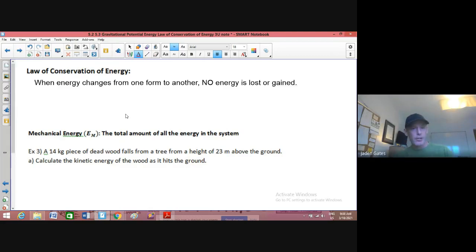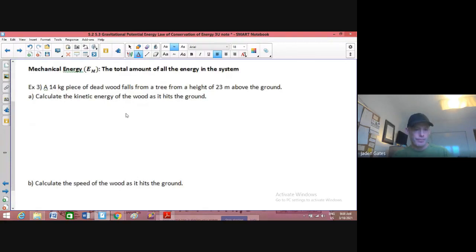All right. So for example, example 3 here: a 14 kilogram piece of dead wood falls from a tree from a height of 23 meters above the ground. Calculate the kinetic energy of the wood as it hits the ground. All right, so we did kinetic energy last day. Now we've got gravitational potential energy.